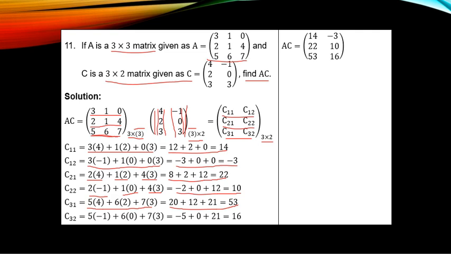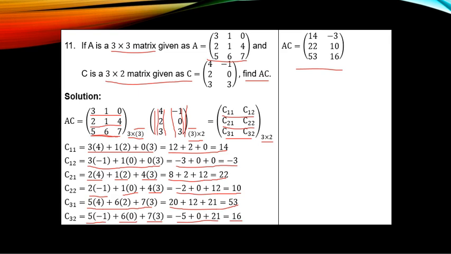So you have 5 times minus 1, 6 times 0, then 7 times 3. You have minus 5 plus 0 plus 21, and that is 16. So this is the final result, matrix AC.